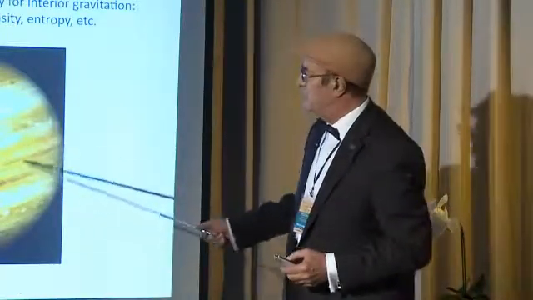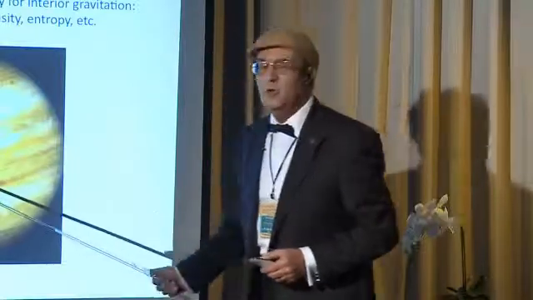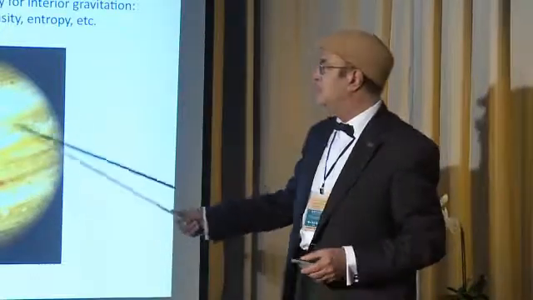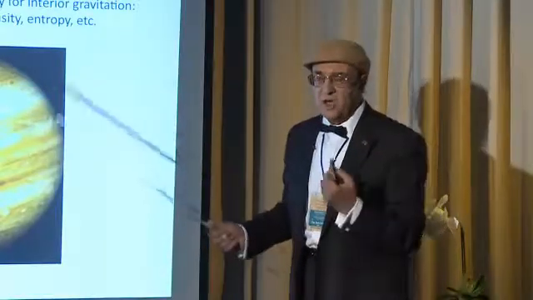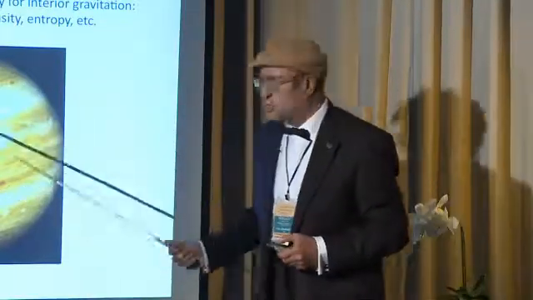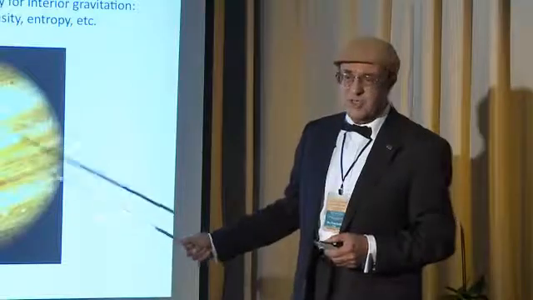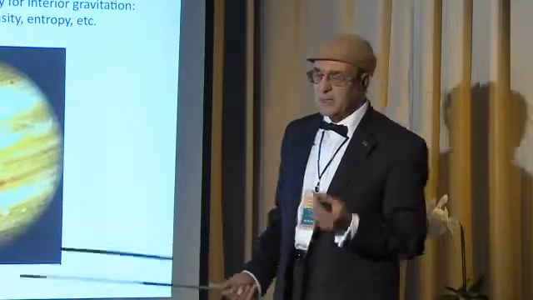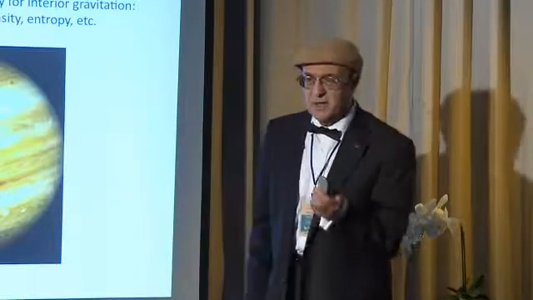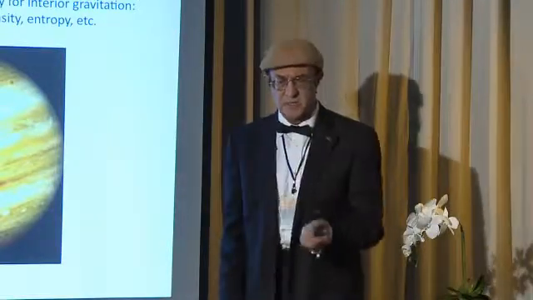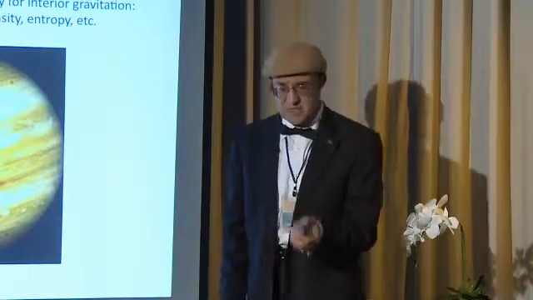You need a geometry that represents the inhomogeneity, because the density varies with the radius. A geometry that represents the anisotropy: Jupiter rotates. Those inhomogeneity and anisotropy are anathema for the Riemannian geometry, etc., etc.